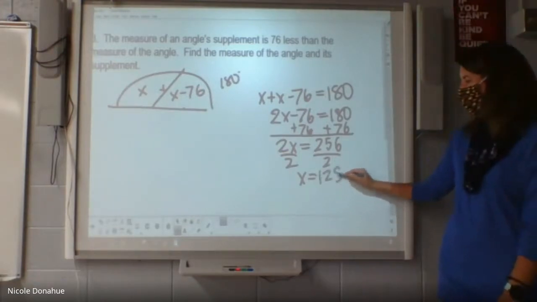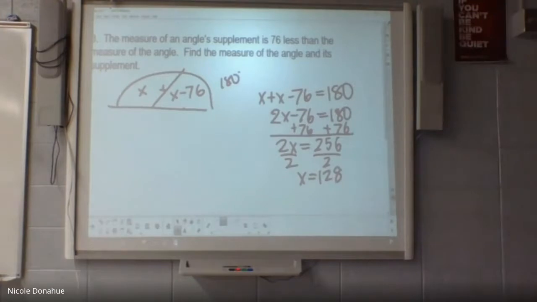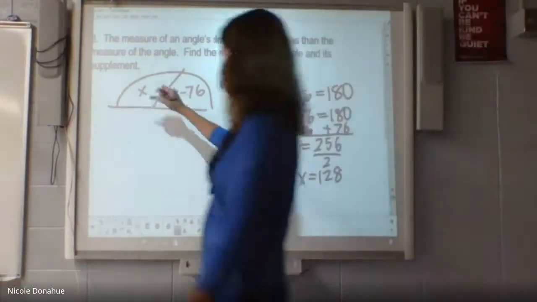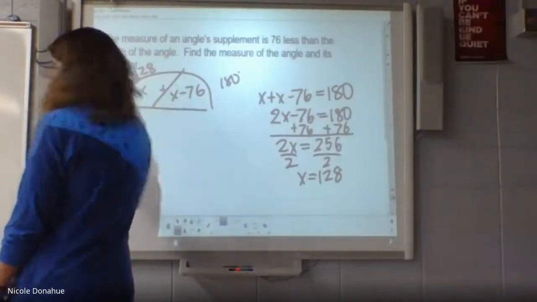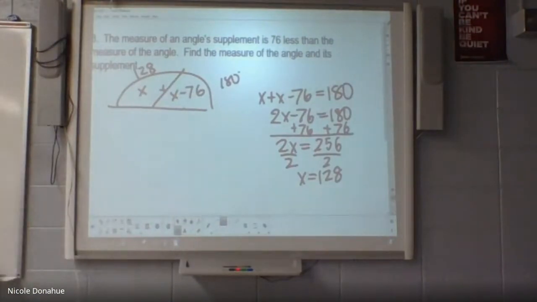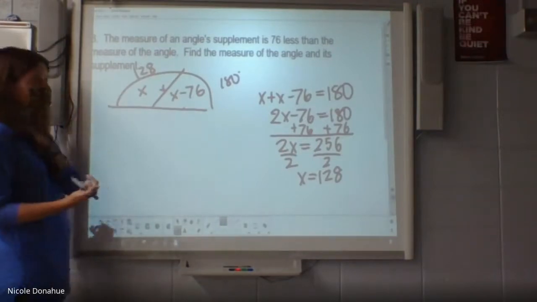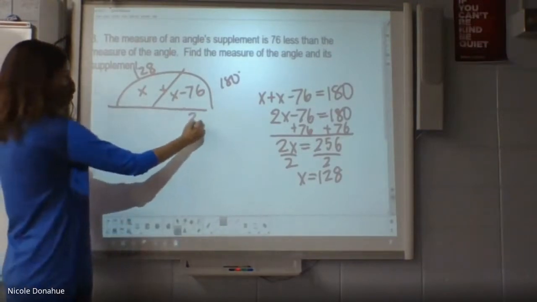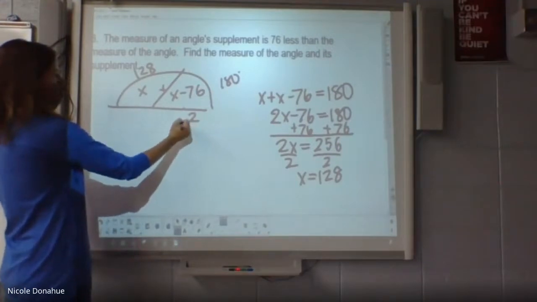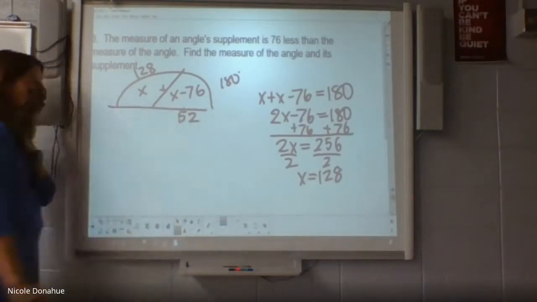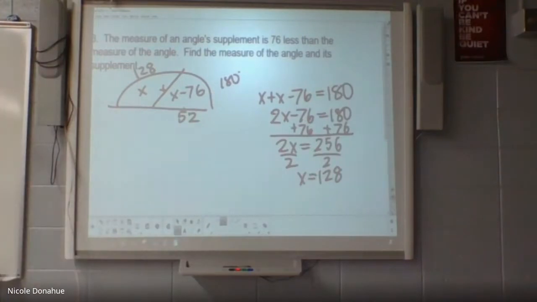And I think this is 128 then for our x value. This one, right? Find the measure of the angle and its supplement. So 128 is going to be our angle, and then the supplement is 76 less than that. So you're going to do 128 minus 76 to give you that other angle. So 128 minus 76, what do we get? 52. 52 and 128.